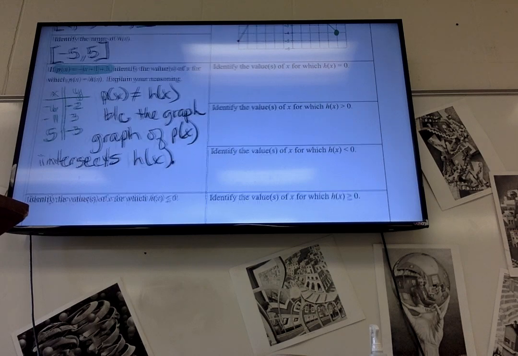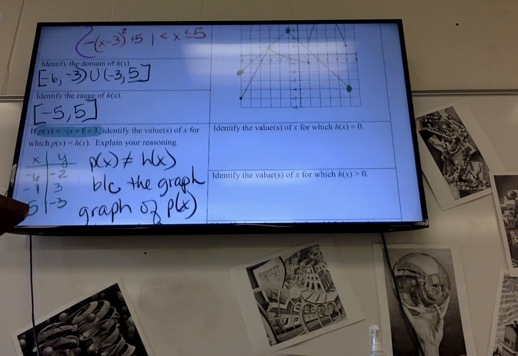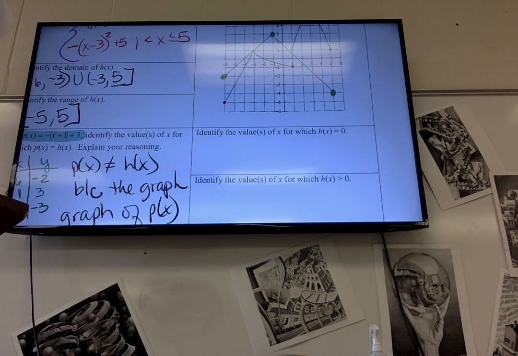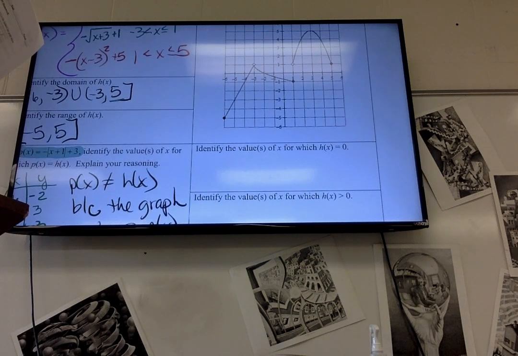Okay, so I'm going to jump over here to where it says right under the graph. Identify the value or values of x for which H of x is equal to 0. So I would look for what on the graph? On the x-axis.